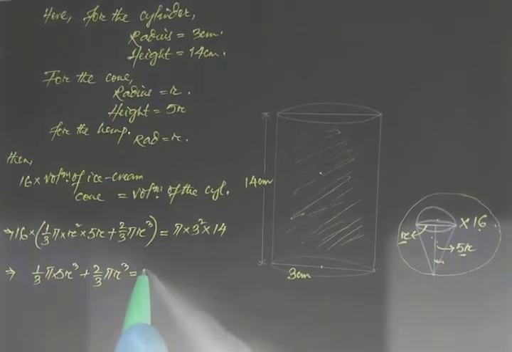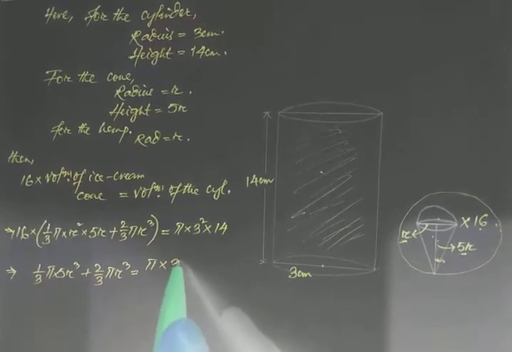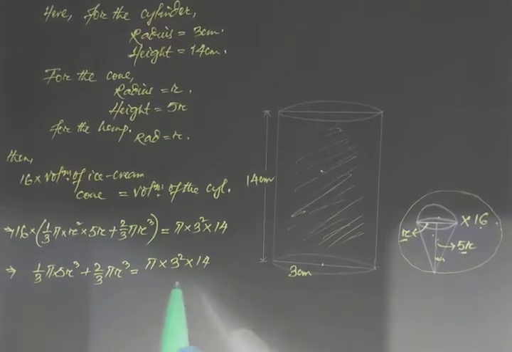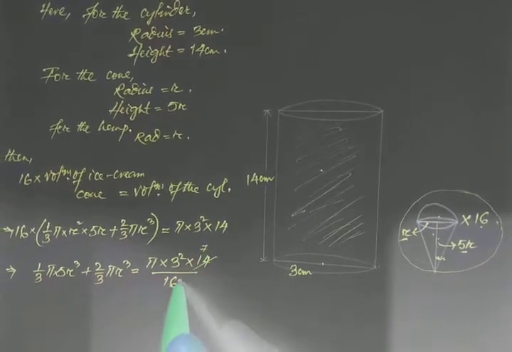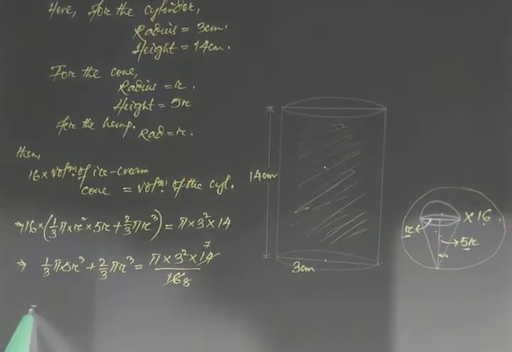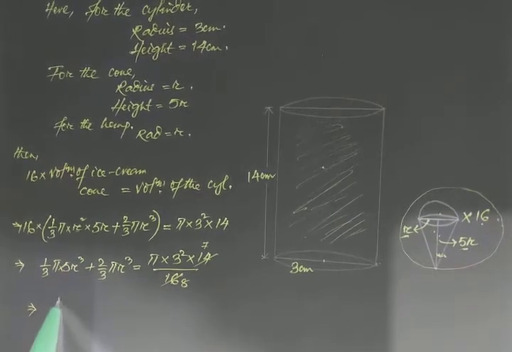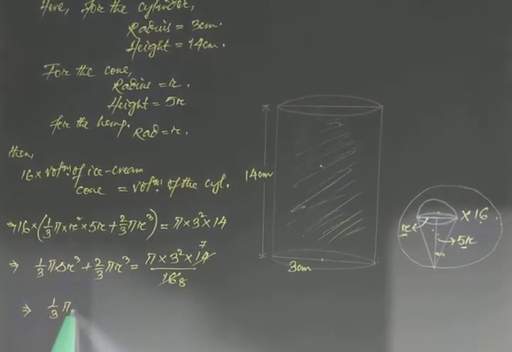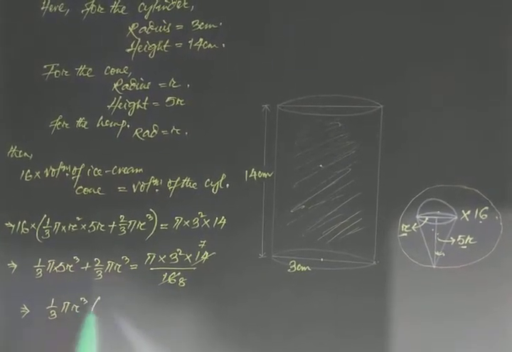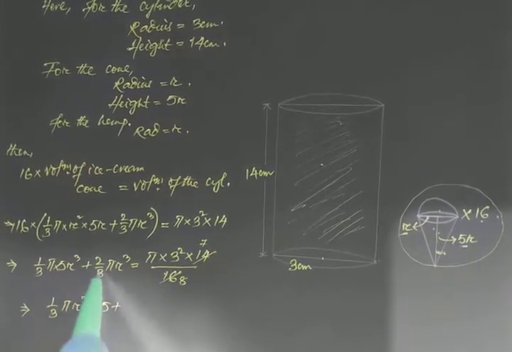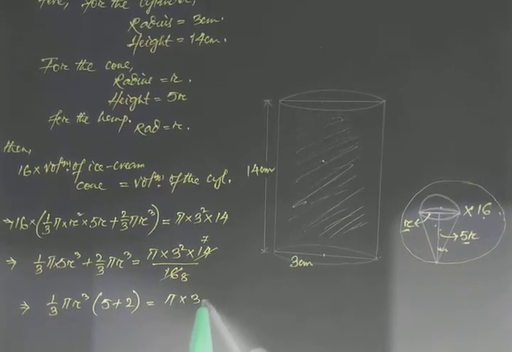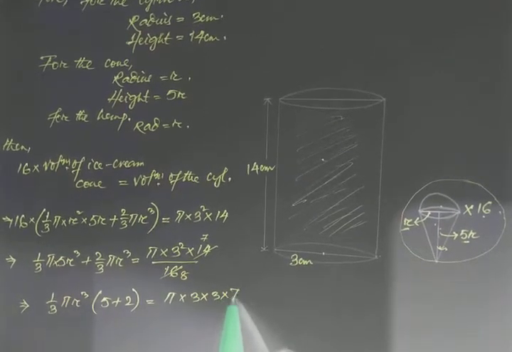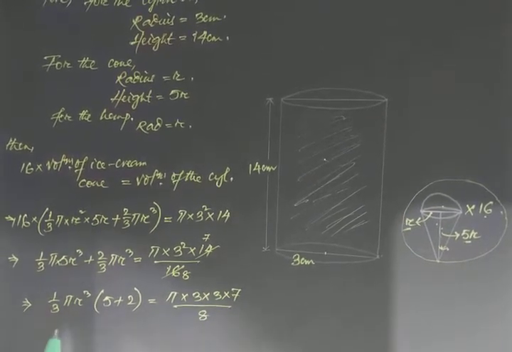I'll divide the right hand side with 16. 3 square into 14 divided by 16. Let's cancel. 2, 7, 2, 8. Now taking common in the left hand side, 1/3 pi r cube. So we have 5 and 2 only remaining. So pi into 3 into 3 into 7 divided by 8.